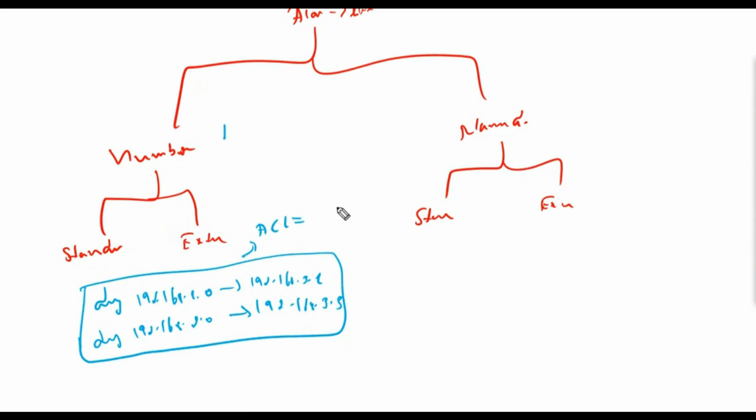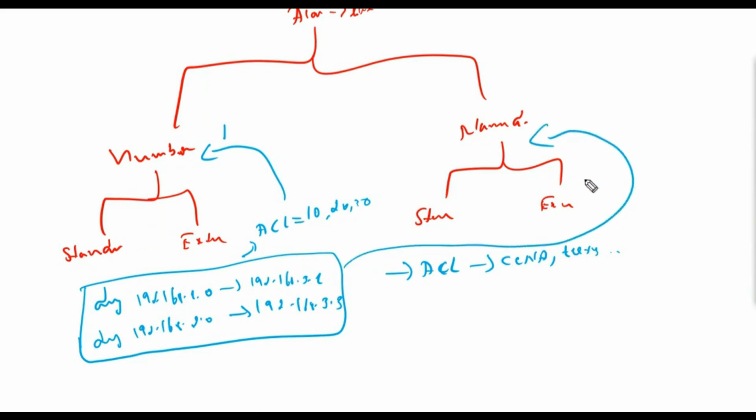If we give it a number, like 10, 20, anything like that, that is what we call numbered. Instead, if we give the ACL a name, let's say CCNA or testing, then this is called named. Got it?